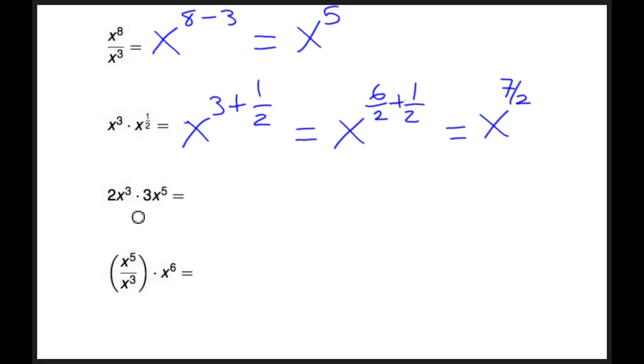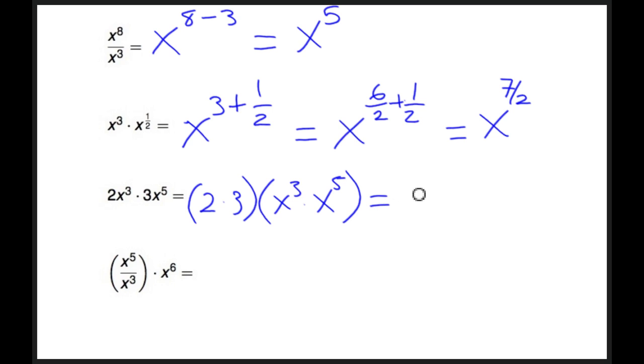Okay, now let's look at some that don't have just a 1 as a coefficient. So all the ones we've dealt with so far was just a single x to the cubed or a single x to the 1/2. And now here we have 2x cubed times 3x to the 5th. What you want to do here is consider the numbers in front of the x's and multiply those together, and then act like you just have x cubed and x to the 5th by themselves. So we're going to reorder this and think about this as 2 times 3, and then we're going to multiply that with x cubed times x to the 5th.